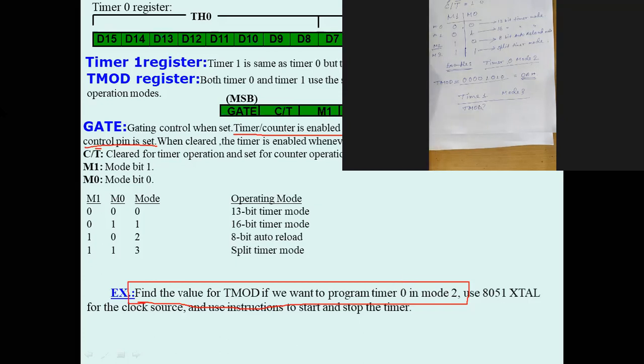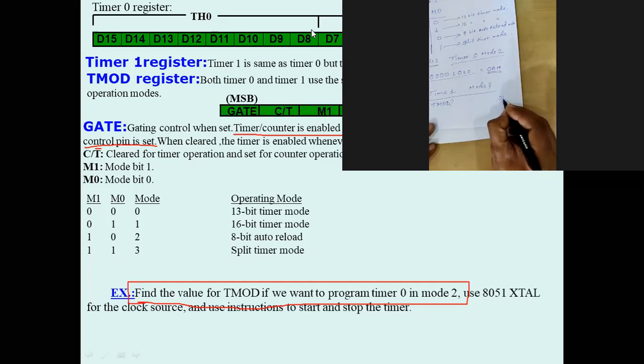Please tell me in hexadecimal number. No, binary I don't require. Wait, sir, let me calculate. 0BH. Timer 1, mode 3. You have told 0B. Okay.